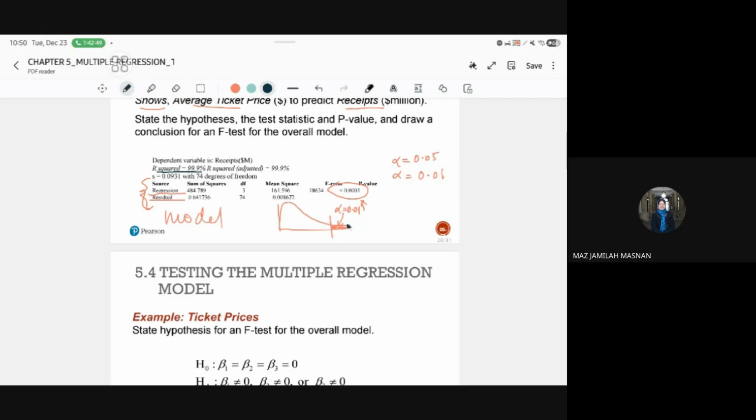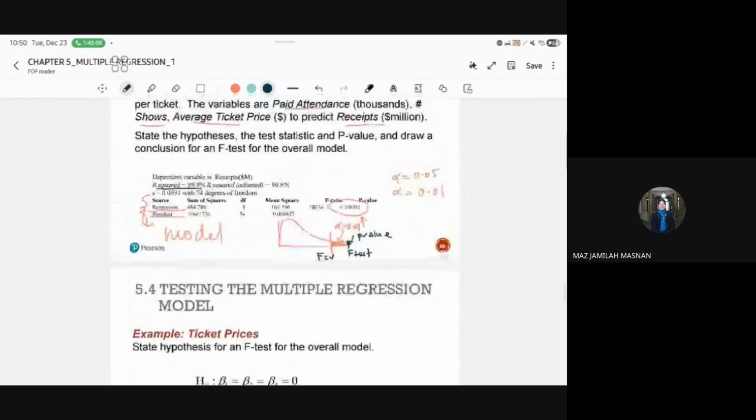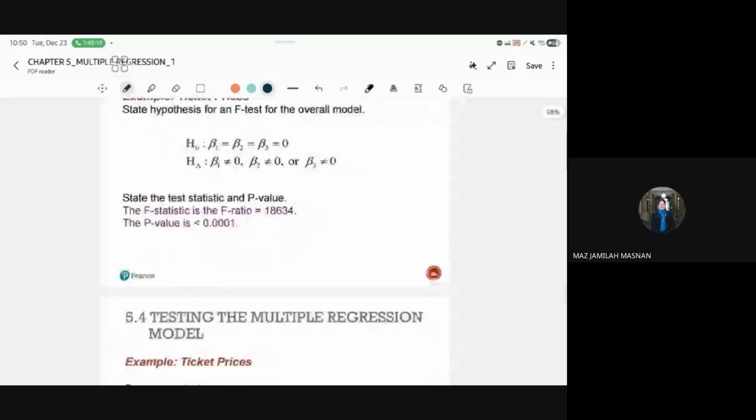So over here is your p-value. This is your F test, and this one is your F critical value. So we reject the null hypothesis. We can say that the model is significant.